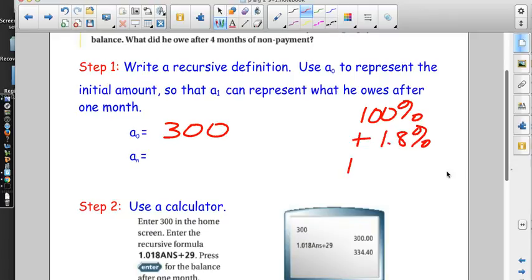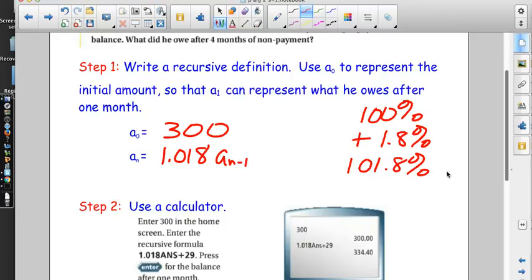So he's going to get charged 101.8%. But in a math formula, we always change percentages into decimals. So we would have to move our decimal over twice, and it would be 1.018 times the previous balance, in this case a sub n minus 1.